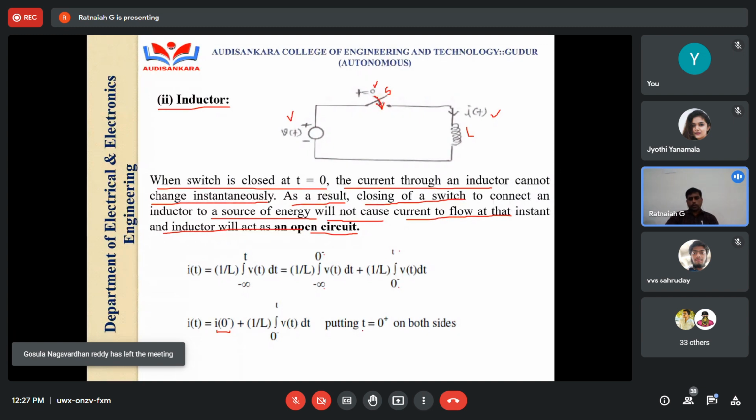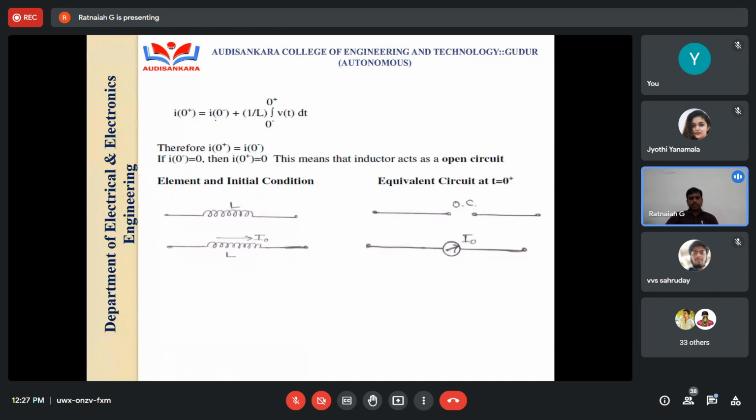Now take t is equal to 0 plus on both sides. I will get the expression like this: I of 0 minus, integral from 0 minus to 0 plus v of t is equal to 0. In both cases, I of 0 plus is equal to I of 0 minus. That is, if I of 0 minus is equal to 0, then I of 0 plus is also 0.